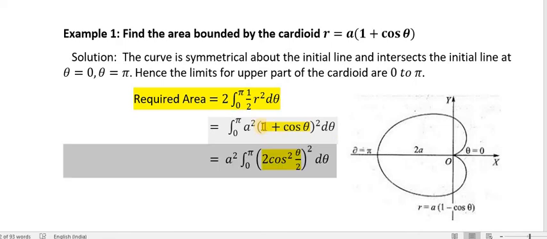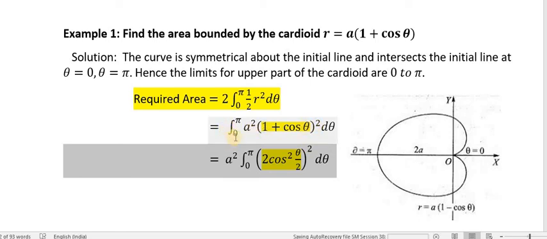Let us make use of the trigonometric identity for 1 plus cos theta by using the half angle identity. 1 plus cos theta is equal to 2 cos square theta by 2, and whole square we have.